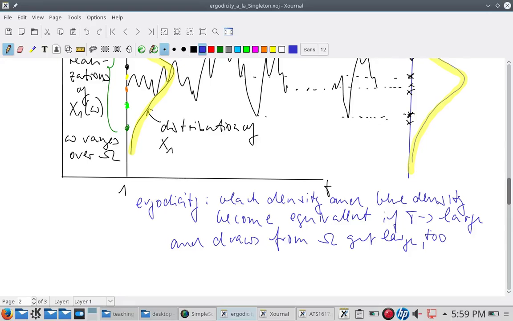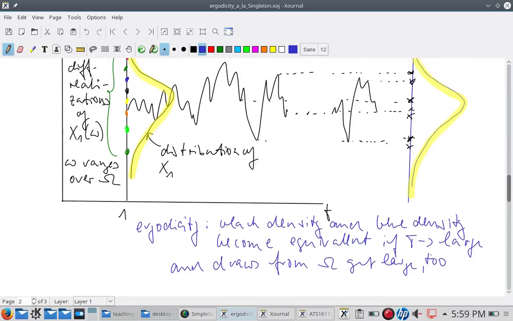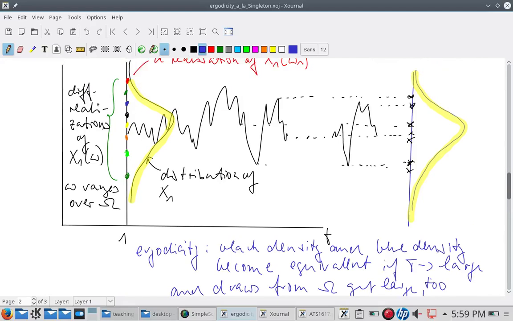We can learn from the time series, from observing the process in time. We get the same information as if we would run the process over and over again. And that's the notion of ergodicity that we're using here. And in this setup, as I draw it here, the process that I've drawn is allegedly a stationary process, so the distribution doesn't change over time. Okay, that's one condition to talk about ergodicity in the first place.